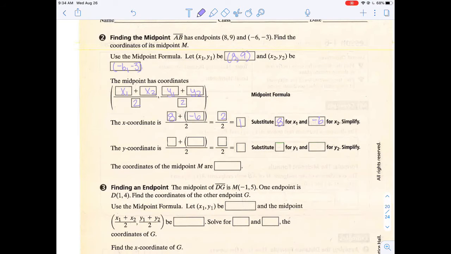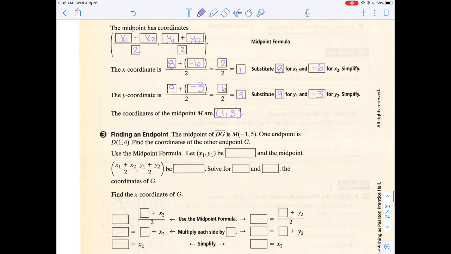Then looking at the y coordinate, y1 is 9, y2 is -3, 9 plus -3 is 6, and 6 divided by 2 is 3. And all we did was substitute in 9 for y1 and -3 for y2. So the coordinates of the midpoint are, the x coordinate is 1, comma, the y is 3. So that would be our midpoint, (1, 3).